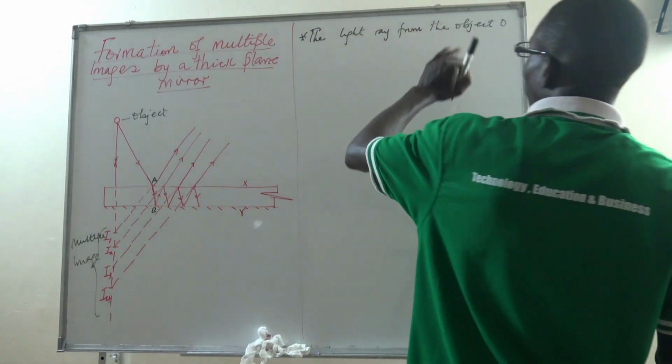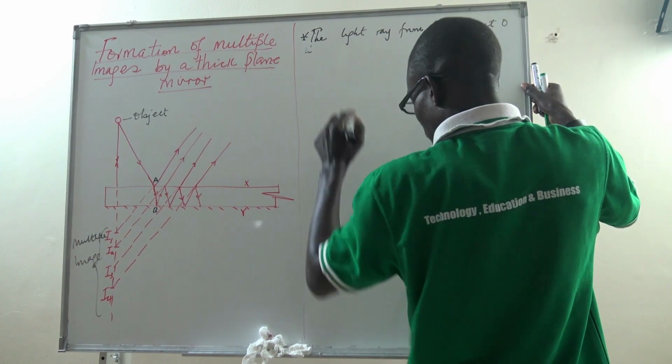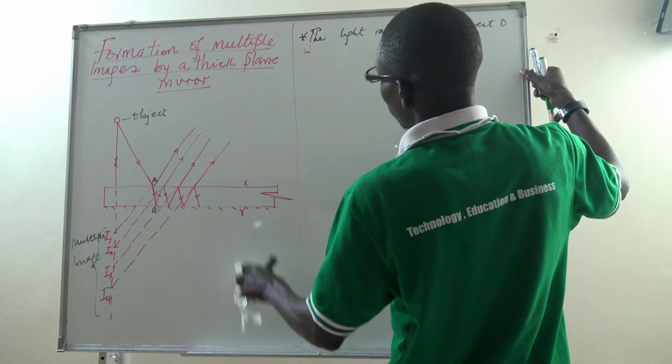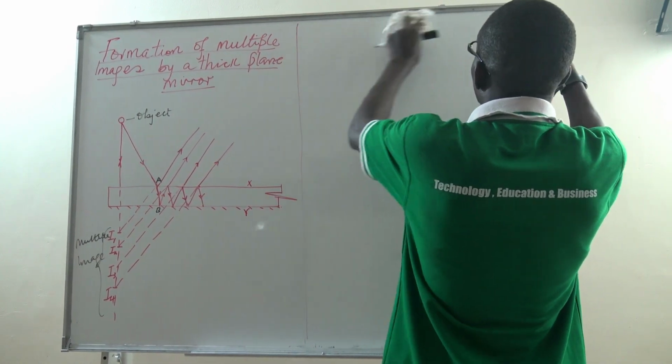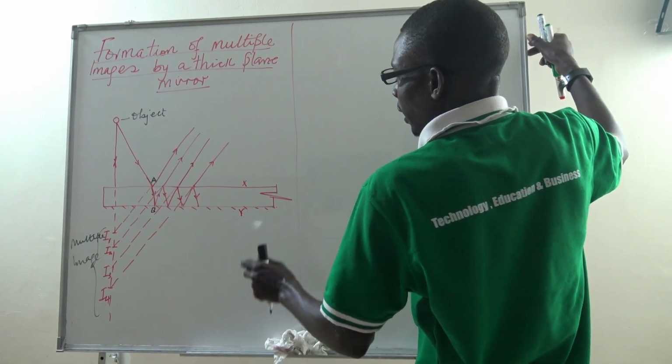The light rays from the object O is, actually, before I begin describing this, I would like to first talk about some simple property of this so that you can get it better.